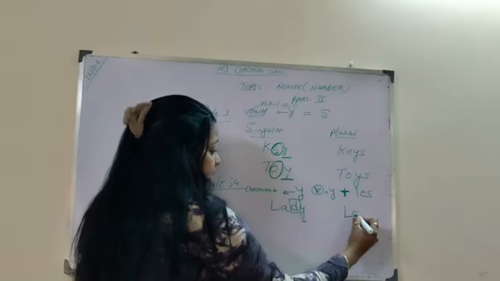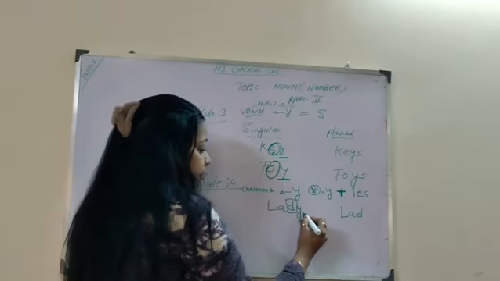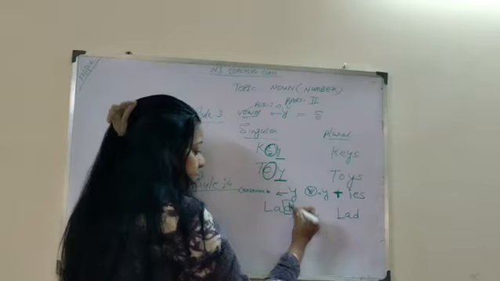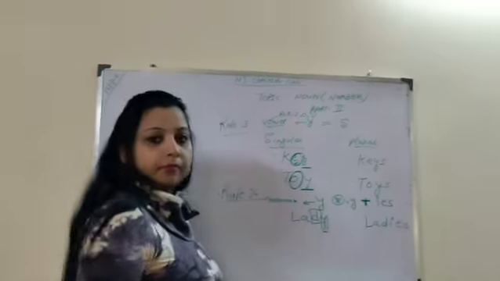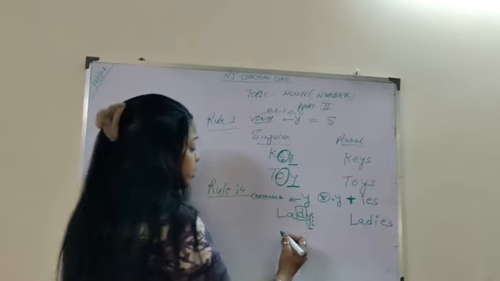So we have to write LAD, remove this y, no need to write this y, and just add IES. Here, one more example.